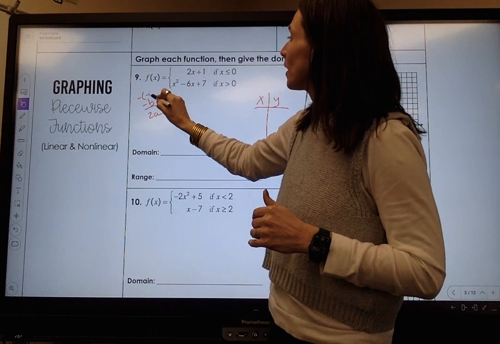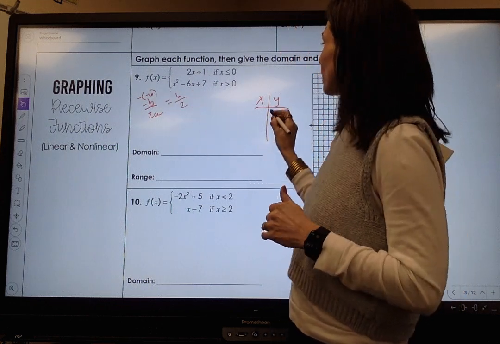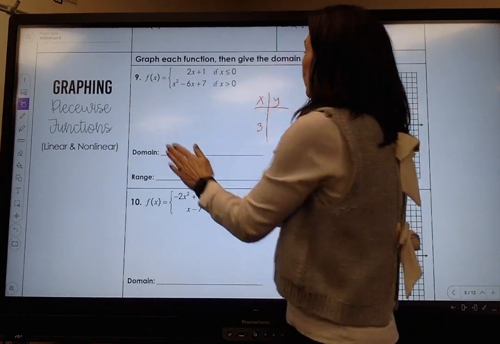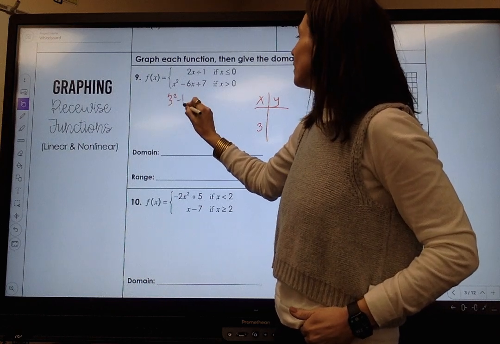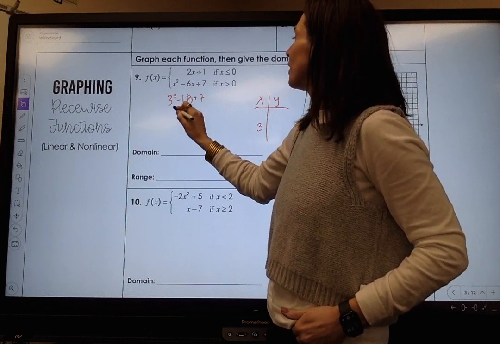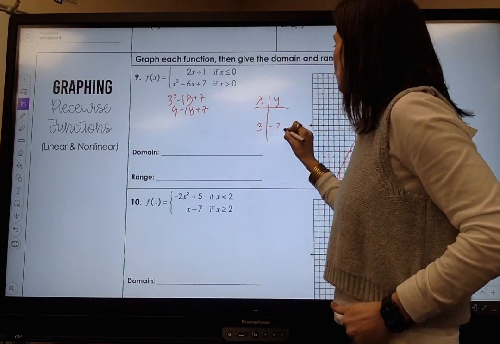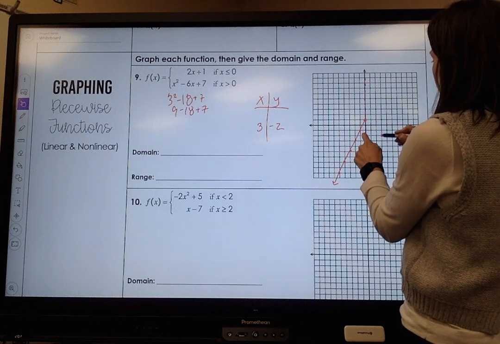So negative a negative 6 is a positive 6 over 2 times 1, which is 3. So when x is 3, what is my y value? I'm just going to plug in 3 squared minus 18 plus 7. 9 minus 18 plus 7 is going to be negative 2. So my vertex is located at 3, negative 2.